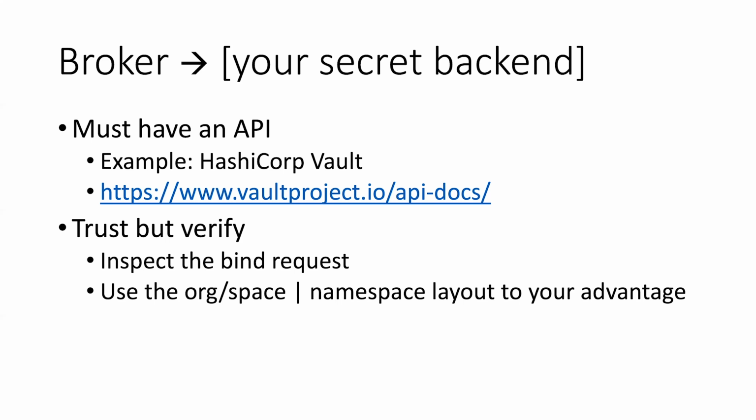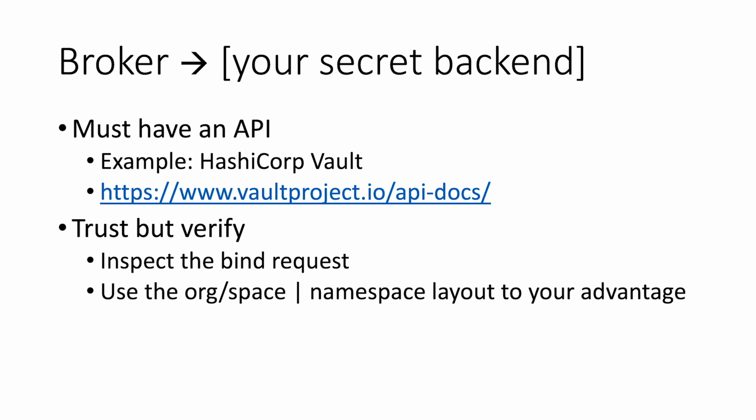And the answer here is when a binding request comes in, which is one of the API endpoints for the Open Service Broker API, that bind request includes some information that you can then use to query your cloud provider, such as Cloud Foundry.